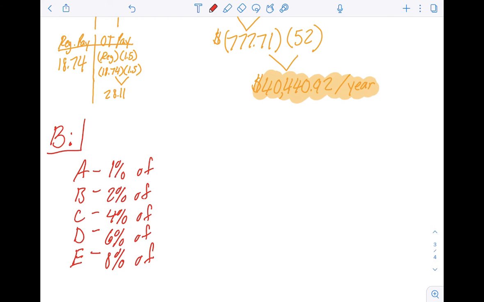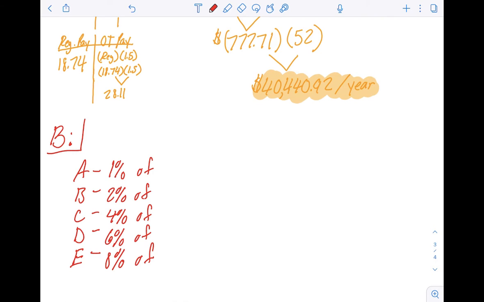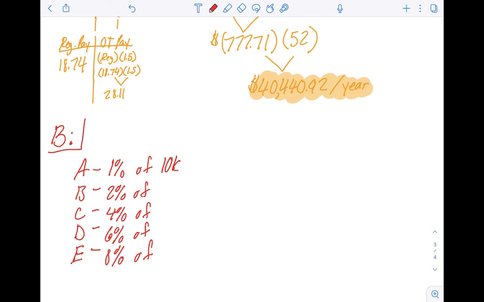Now I'm going to go back and see how much. So A through E, the first four are going to be 10,000 each. So 10K, 10K, 10K, and 10,000 right there.